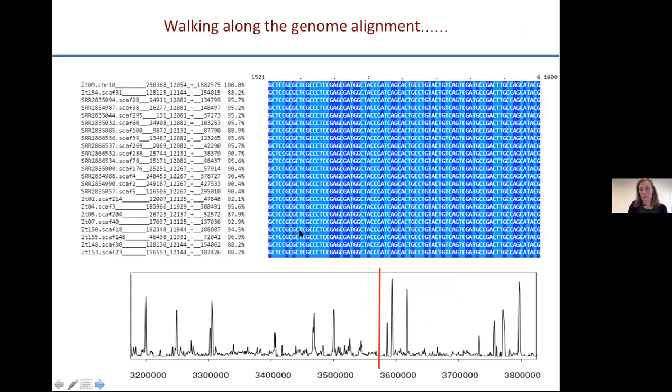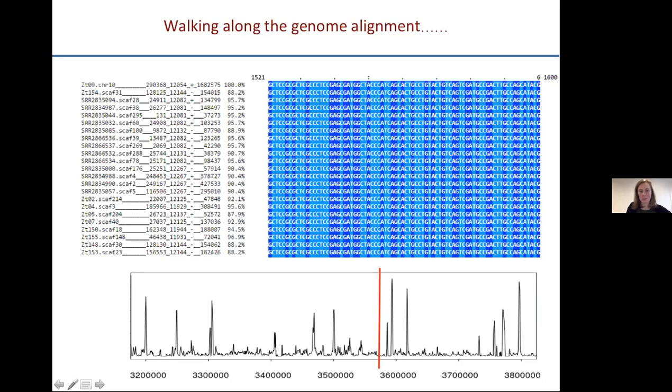And I will take you through an alignment here. What Alice did was a lot of manual inspection of genome alignments. That's something that we don't usually do in genomics, but sometimes it can be very informative to go back and look at your alignment, not the full genome alignment of course, but some selected loci.